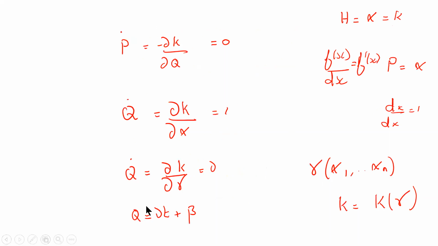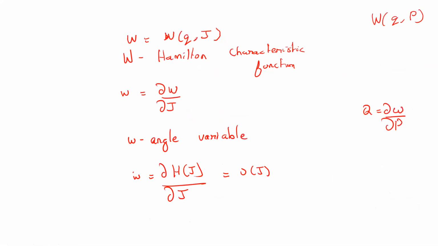Remember, this mu has a specific interpretation in this case as the frequency. That is why we were developing that theory so long. If you integrate this angle variable w, you will get w equal to mu t plus an integration constant beta, where mu has the interpretation of frequency.